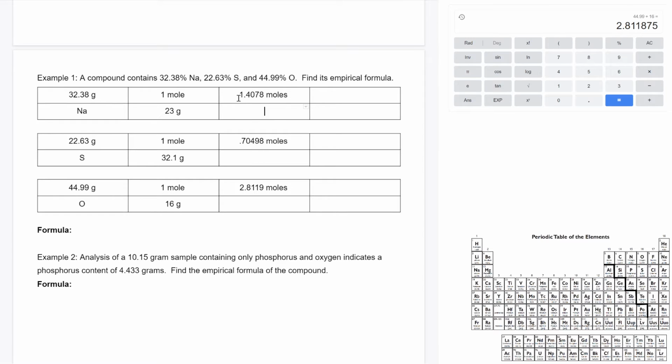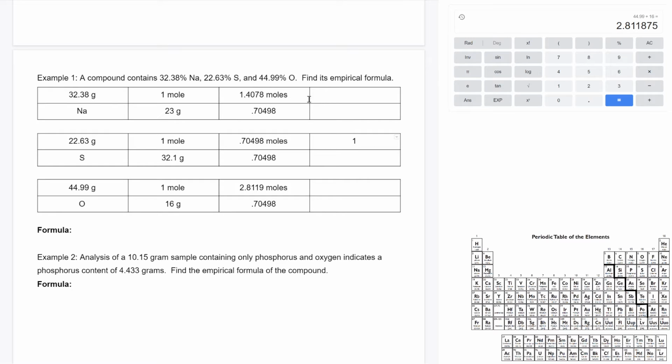The way we get a whole number ratio is we look at our moles and pick the smallest of them. Here the smallest one is 0.70498. And we're going to divide each of these by the smallest of them.